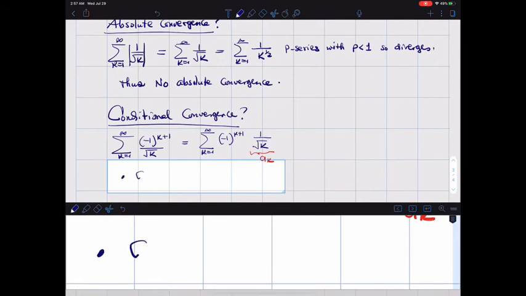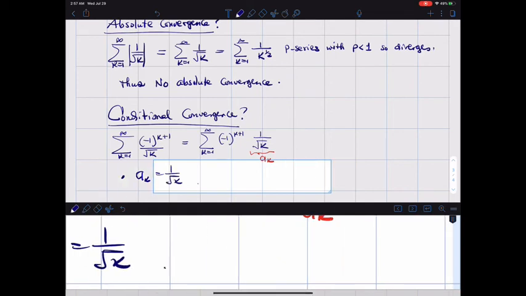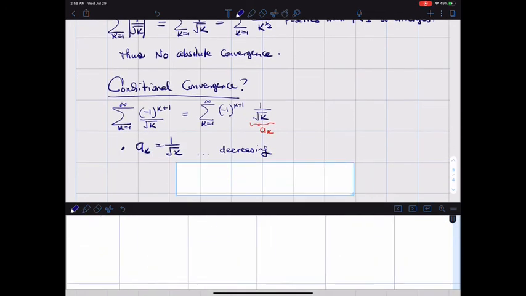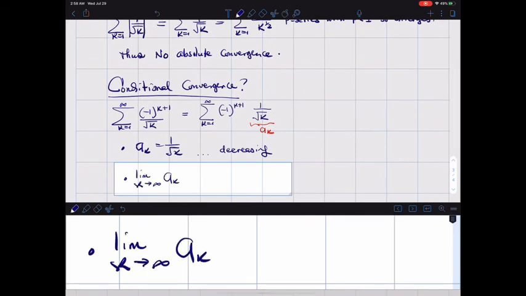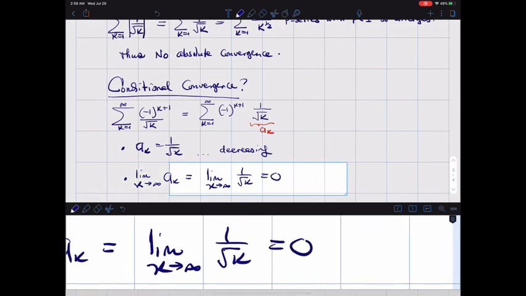a_k is 1 over square root of k. This is definitely decreasing. a_k is decreasing. And the limit as k goes to infinity of a_k is equal to the limit as k goes to infinity of 1 over the square root of k, and this is 0.